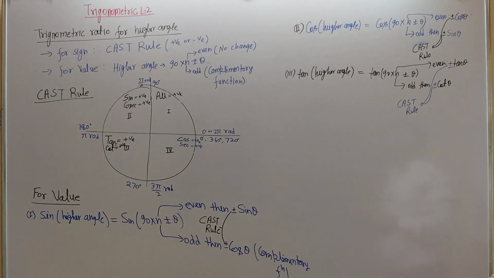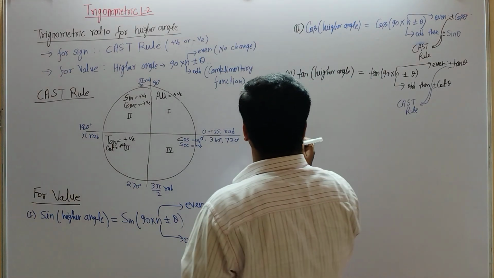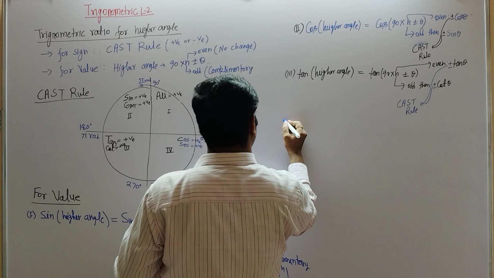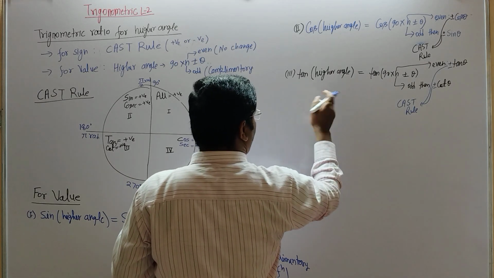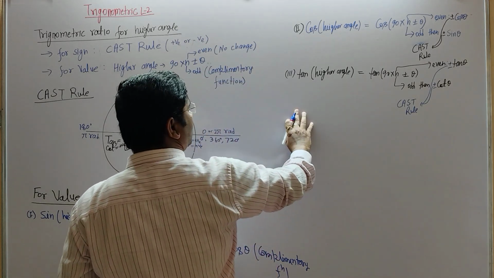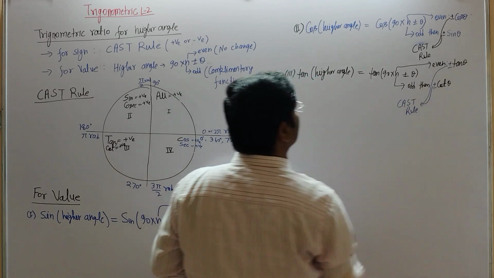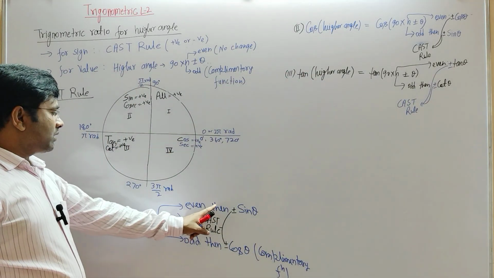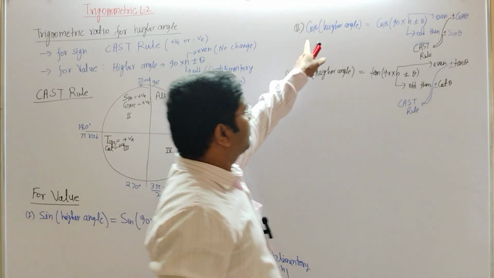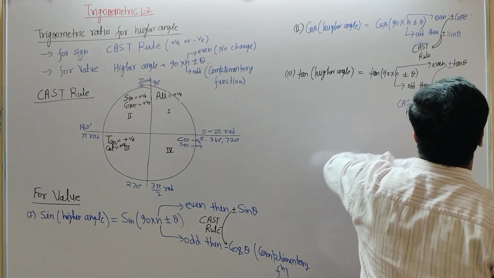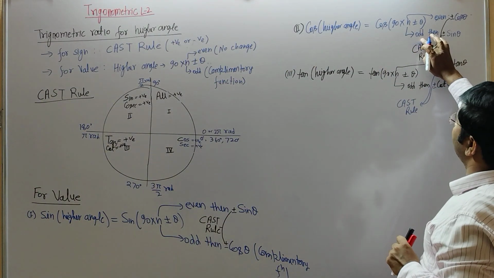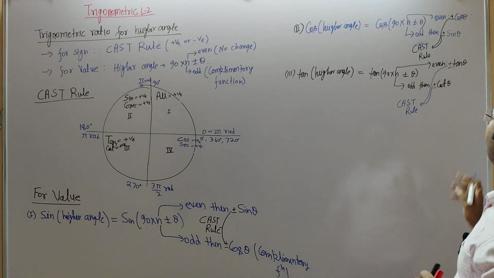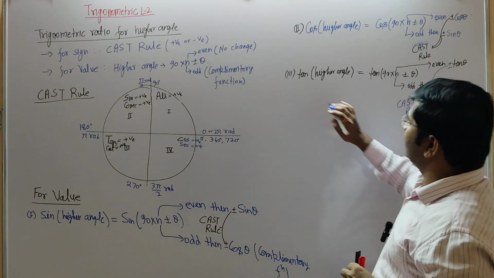Similarly, cot converts into tan, sine converts into cos, and cos converts into sine.